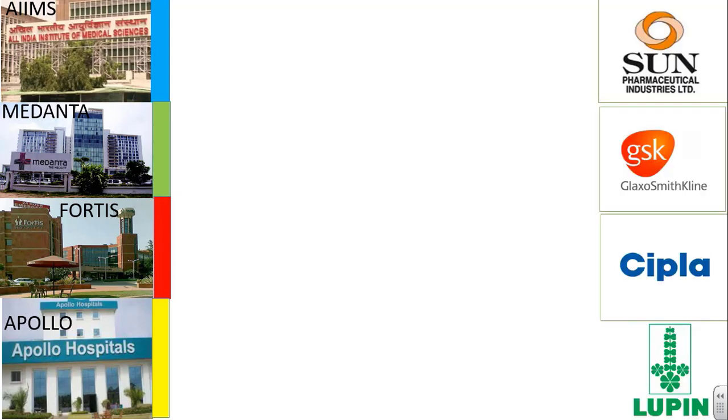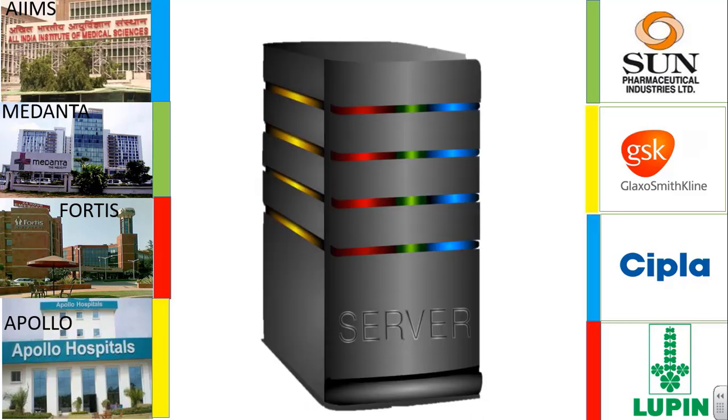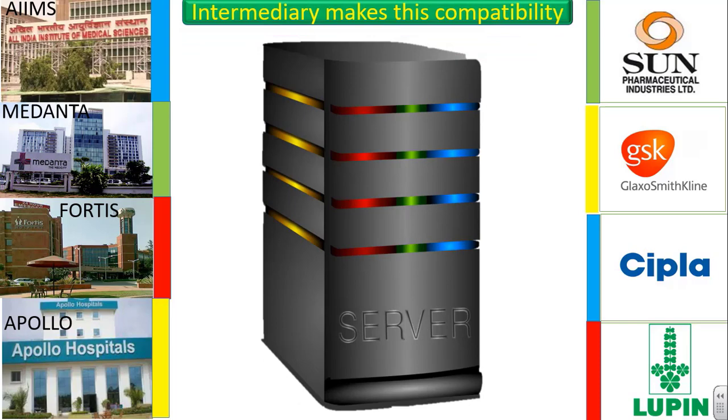We will make certain changes in our example. Now we find that we have some intermediary organization, and this intermediary makes this compatibility possible. How does it make this compatible?